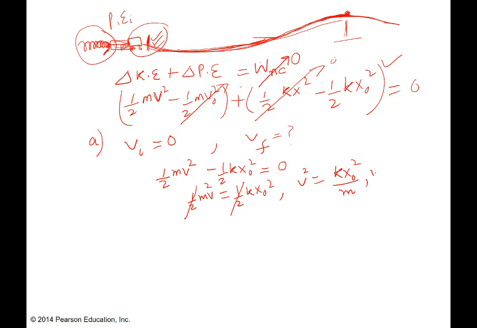Then take the square root of this, and you'll get v equals the square root of k times x naught over m, where m is the mass of the toy car. Go ahead and solve these. Once you substitute the values, you should get the speed with which the car is launched.